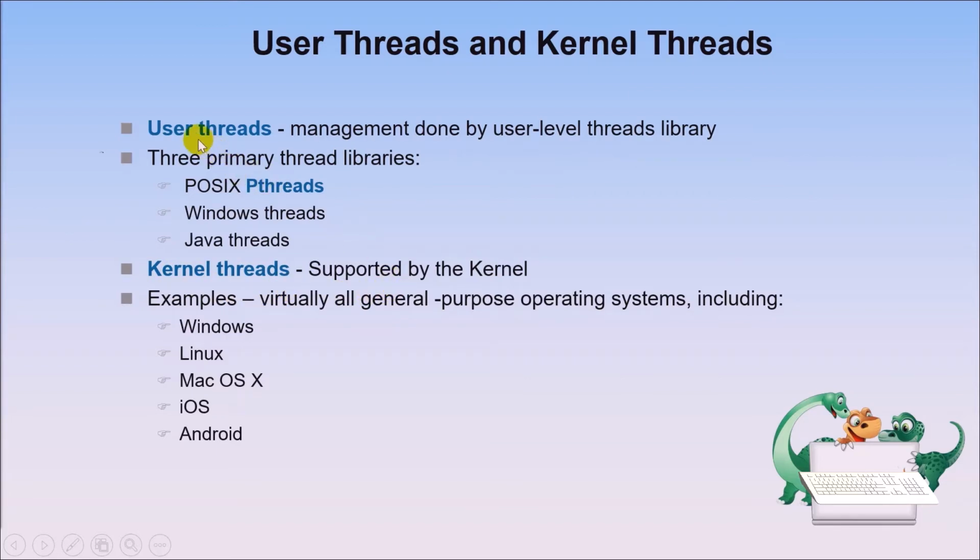User threads include POSIX threads, which are used in Linux, Windows threads on Windows, and Java threads. For kernel threads, virtually all general purpose operating systems, including Windows, Linux, Mac OS, iOS, and Android, are under kernel threads.